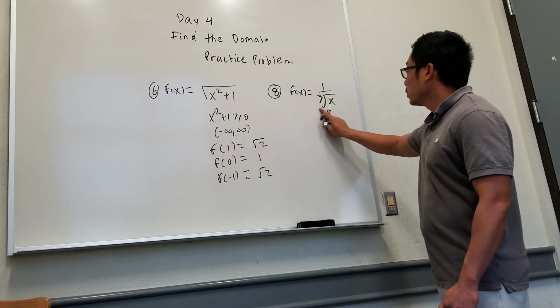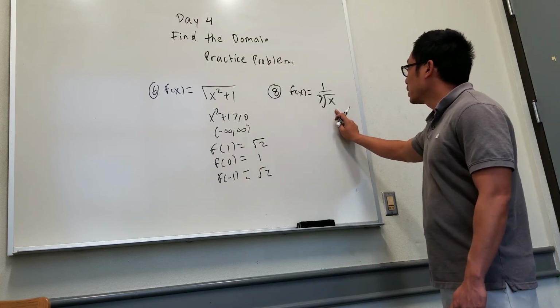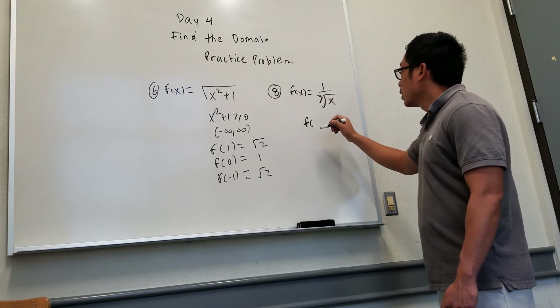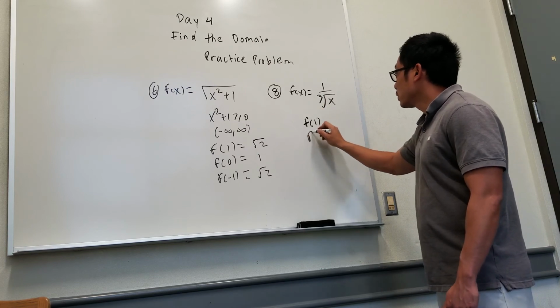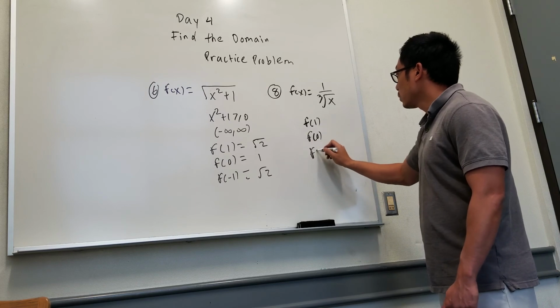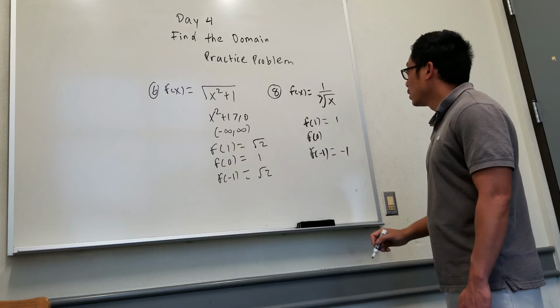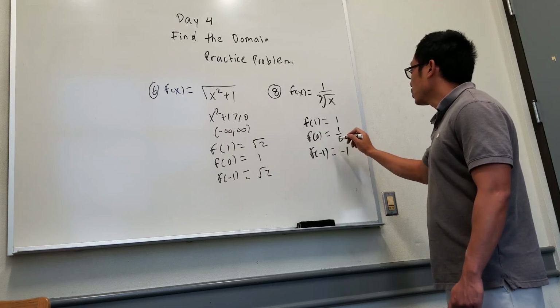The domain of a cube root is all real numbers, but since it's on the bottom, can I plug in anything? Let's just plug in numbers, right? So we've got f of 1, f of 0, f of negative 1. Let's try f of 1, I get 1. f of negative 1, I get negative 1. f of 0, I get 1 over 0, so it cannot be true.